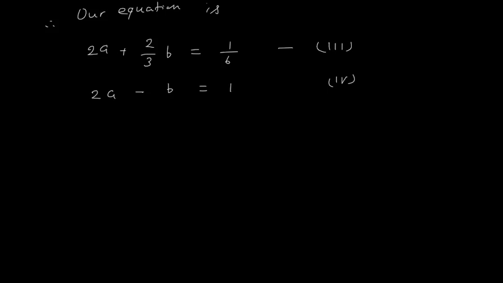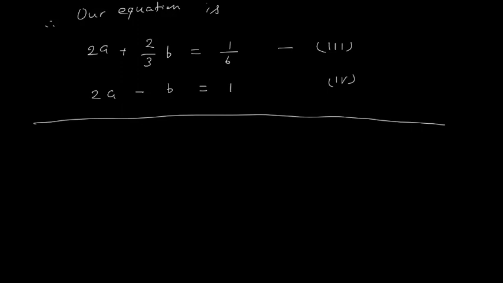Now if you see, the coefficient of a is 2 in equation number 3, and in equation number 4 also it is 2. So I can subtract equation 4 from equation 3. Okay, and my 2a will eliminate. So here, instead of removing their fraction part, let us directly subtract equation 4 from 3.